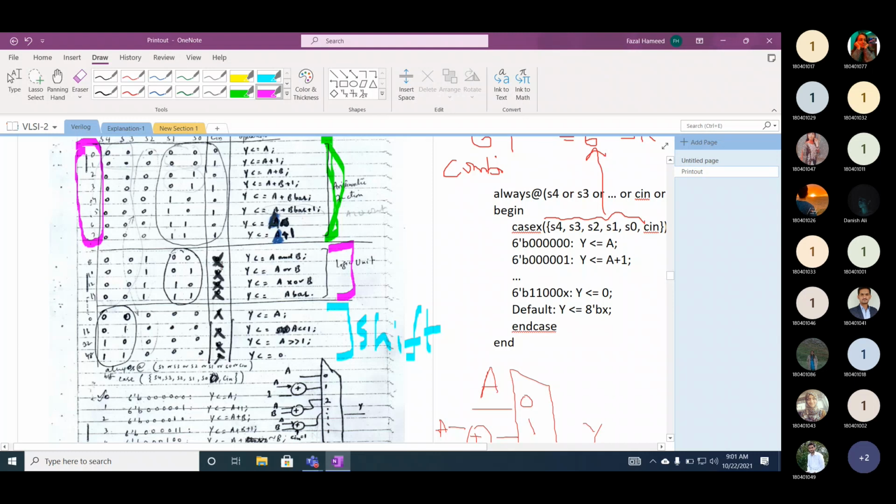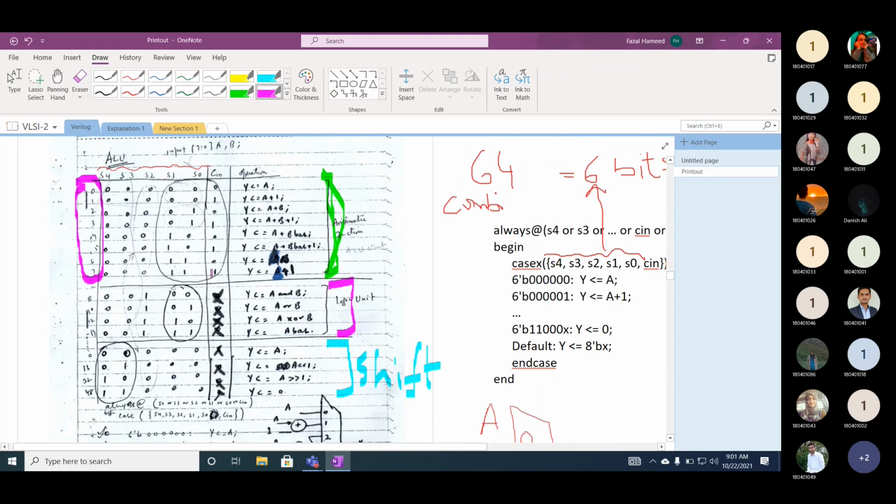You can convert this into decimal, and when you have X, will there be one combination or two combinations? Two combinations, because the X may be 0 or X may be 1. Now, is this hardware efficient or inefficient? I'm asking. Why is it inefficient? Too many adders and too many instructions.